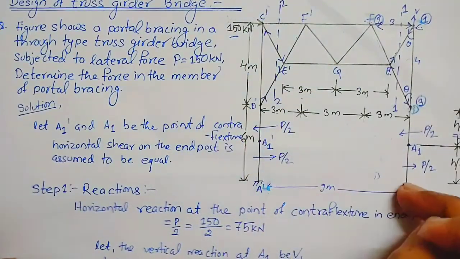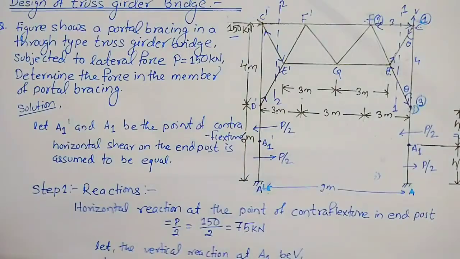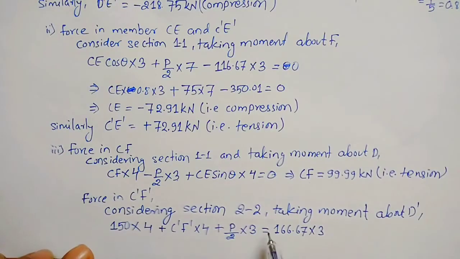So this will be negative, and all these forces will be positive. So here 4 meter is the distance of this lateral force from the point D dash. Similarly, this C dash F dash is 4 meter from this D dash, and P by 2, the force at the point of contraflexure, is 3 meter below the point D dash.